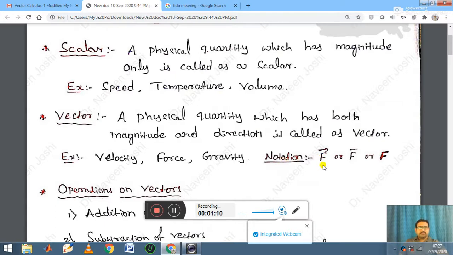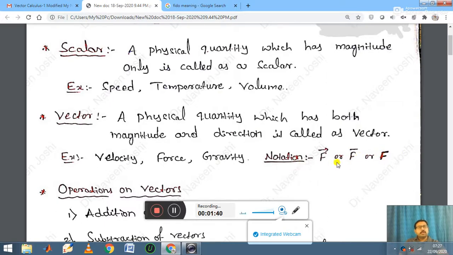As for notation, a vector is always denoted by a symbol like capital F bar. You can use any capital letter. Here I chose capital F with an arrow mark upon it. Most textbooks use this notation, an arrow mark over capital F, or you can also use F bar or a bold letter.